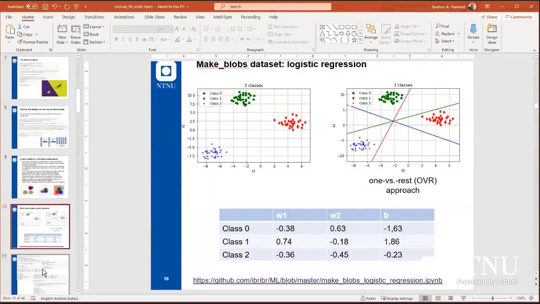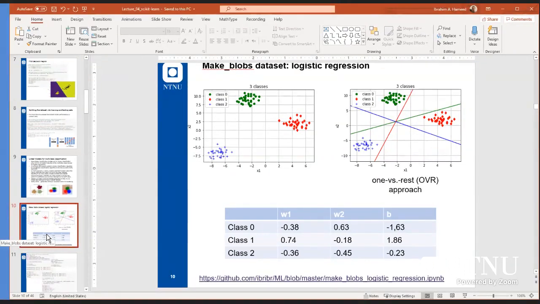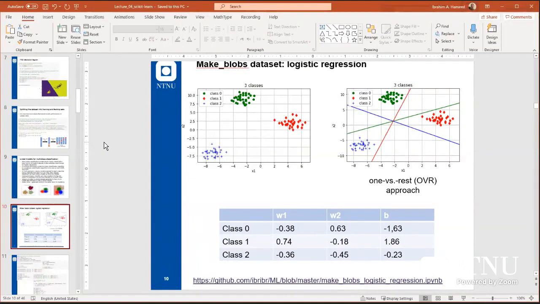It's like the iris data set, but with good separation, and you can control the overlap. You can generate whatever you want using this function. It has lots of arguments and options to customize the data set which you want to get.